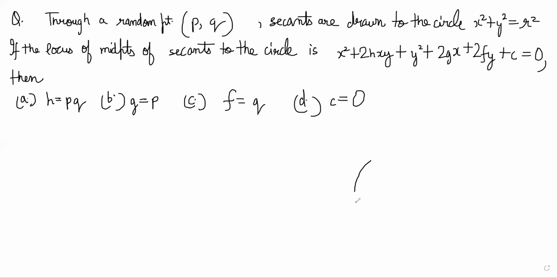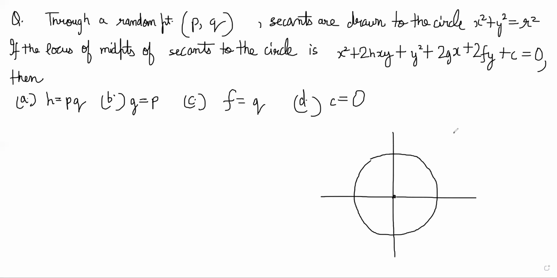So if you draw a circle like this, this is my circle, x square plus y square is equal to r square, and some point is here, P comma Q. You will draw a secant line that cuts the circle at 2 points, right?